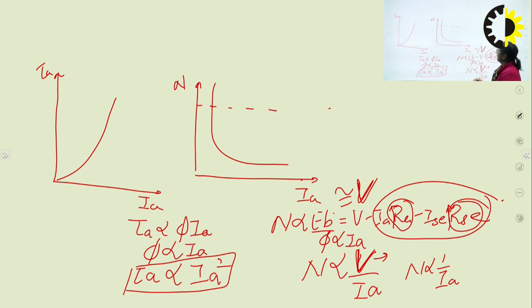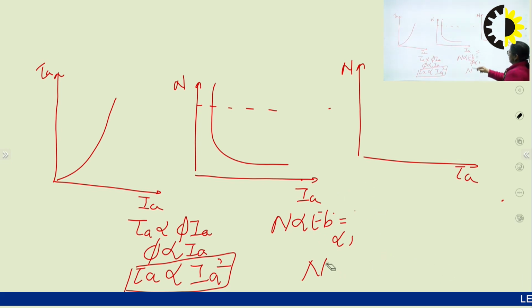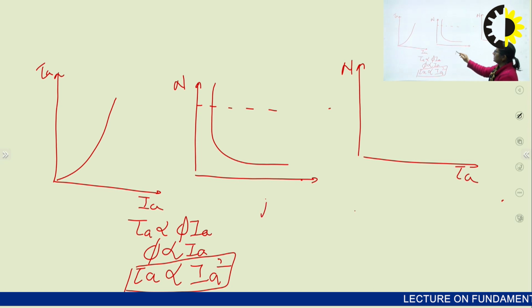Moving on to the third characteristics, which is once again speed versus torque. How to go with this? Once again, this characteristics can be derived from the earlier two characteristics. Here we have seen that speed is inversely proportional to armature current.